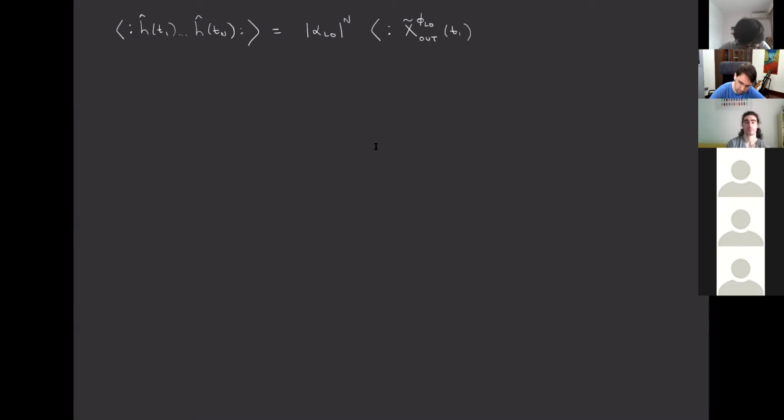So this is an operator. I will give you in a second the expression, but you can imagine that it's some kind of quadrature.